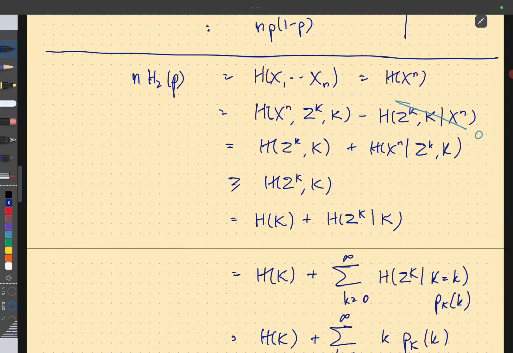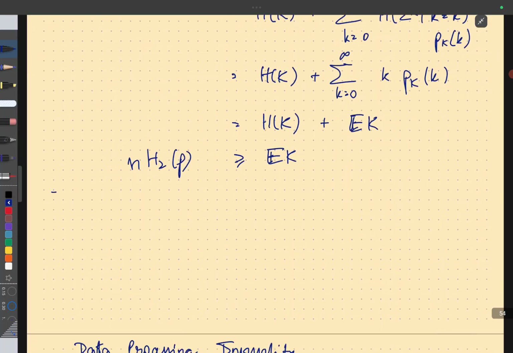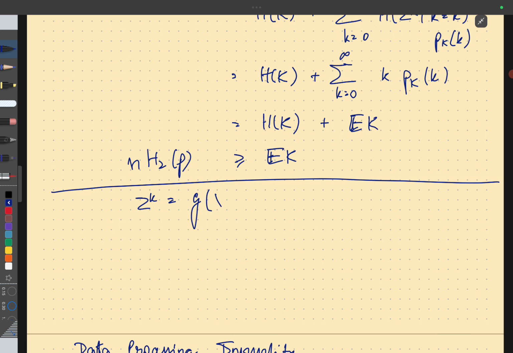That's a more general statement, right? That if I have any function Zk which is some function g of Xn, then the entropy of Zk is less than or equal to the entropy of Xn.